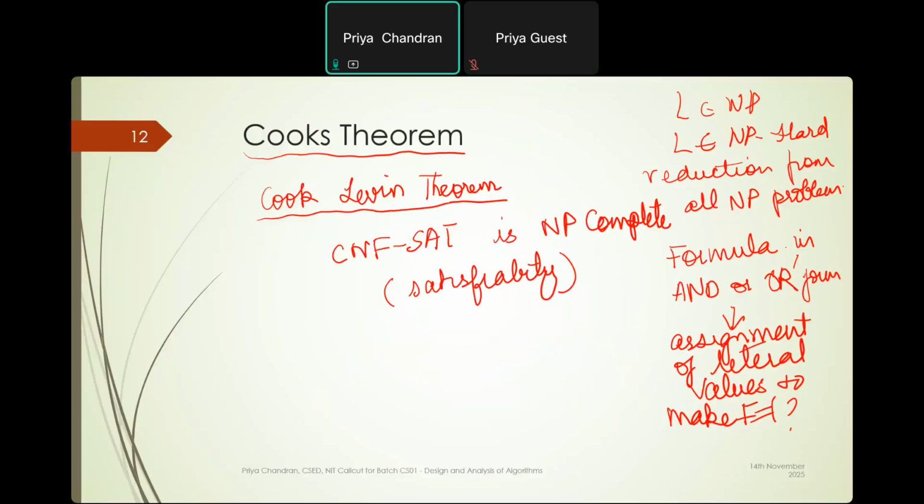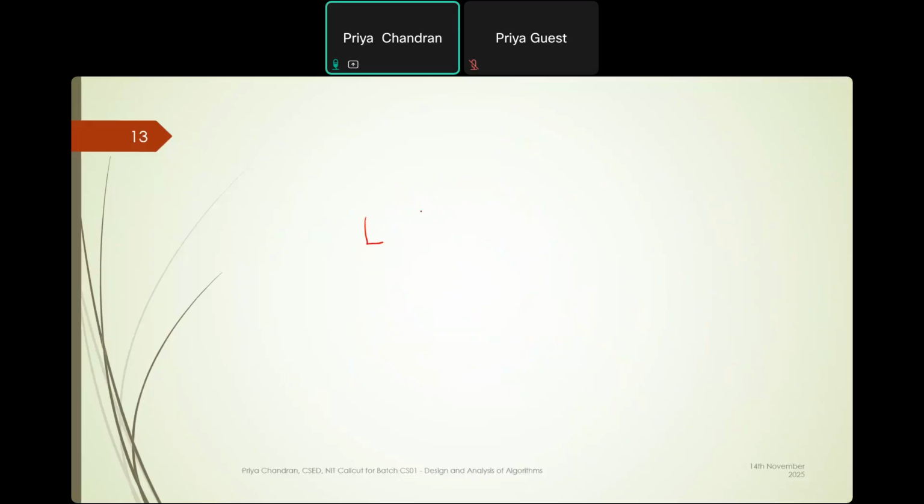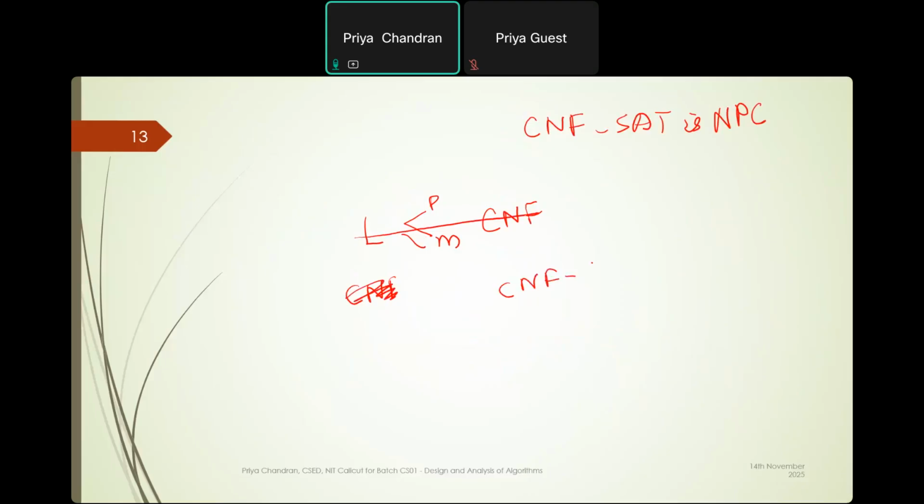So for example, if you take the next problem, taking for granted that, as we had seen in the last slide, CNF SAT is NPC, if we are able to show that CNF SAT can be polynomially reduced to some other problem, your problem L, then L becomes NP hard, right?